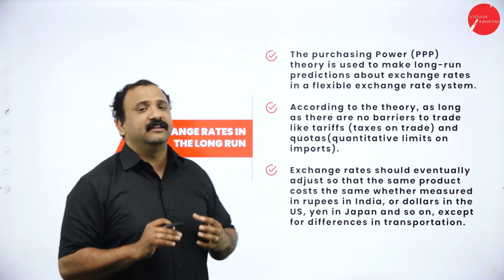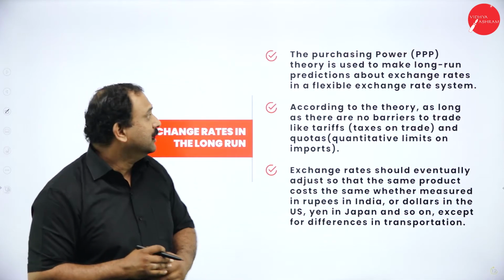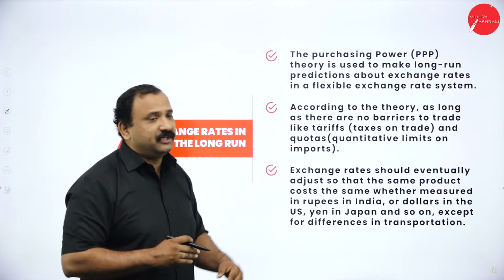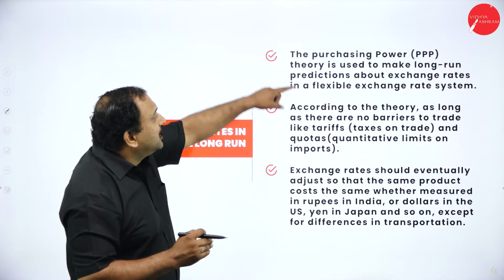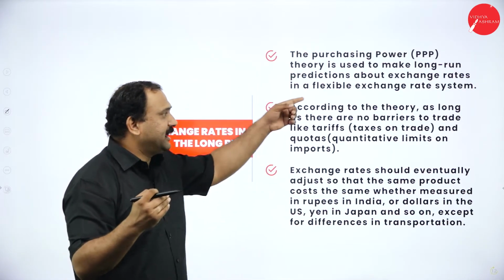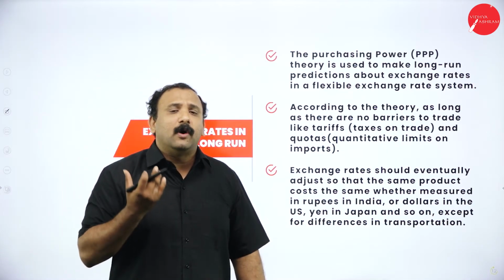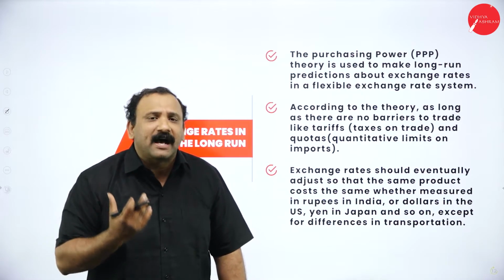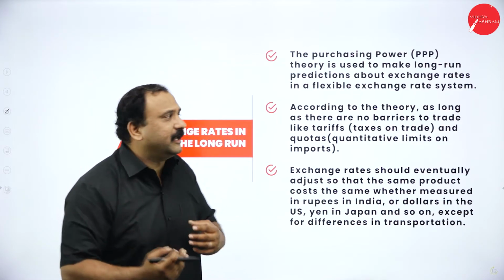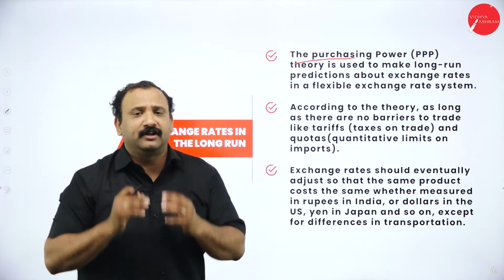Moving forward, exchange rates in the long run. What happens to the exchange rate in the long run? Now the purchasing power theory is used to make a long run prediction about the exchange rate in a flexible exchange system. Why? Because you need to understand the capacity of the country in order to see the purchasing factor for foreign exchange.